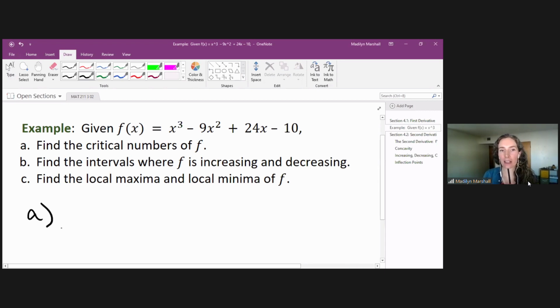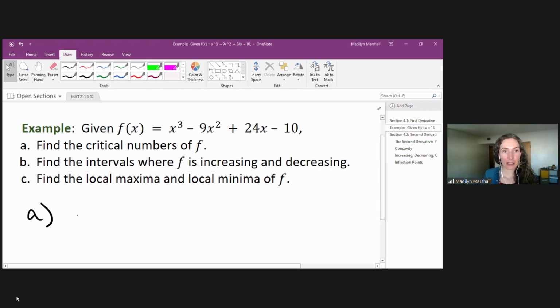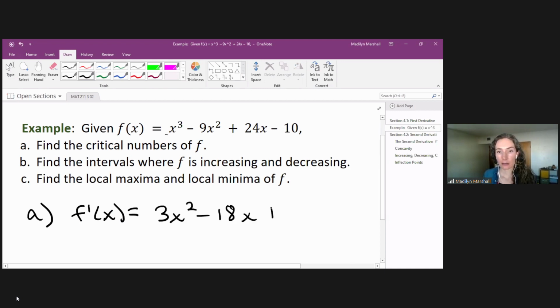In order to find the critical numbers, what is the first thing that we should do? Yes, exactly. Find the derivative. The critical numbers come from the derivative. So this is just a polynomial. So here is our derivative.